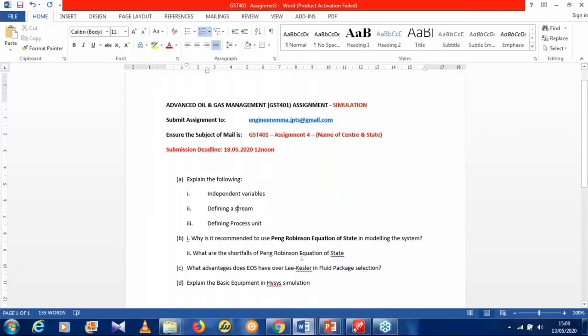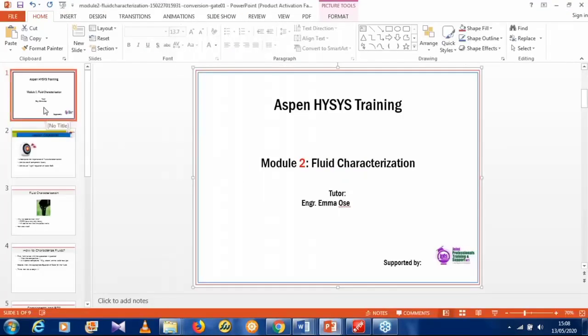What is the short form of equation of state? Then, what advantages does EOS have over the Kessler? Include package selection and explain the basic equipment in IC simulation.